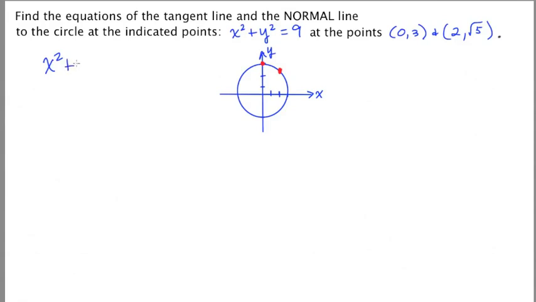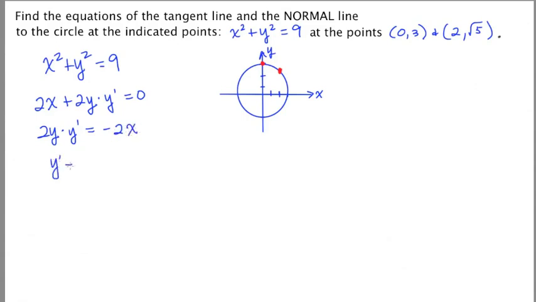X squared plus y squared is equal to 9. Differentiating implicitly, we're going to get 2x plus 2y y prime is equal to 0. 2y y prime is equal to negative 2x. And y prime is going to end up equaling negative x over y.